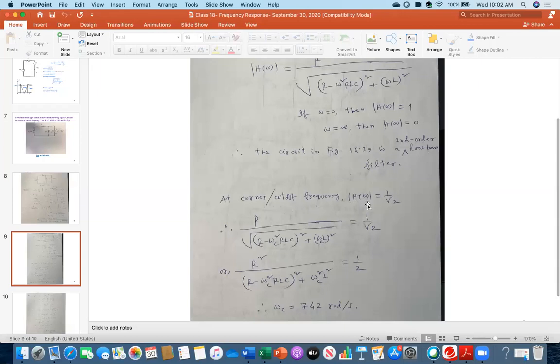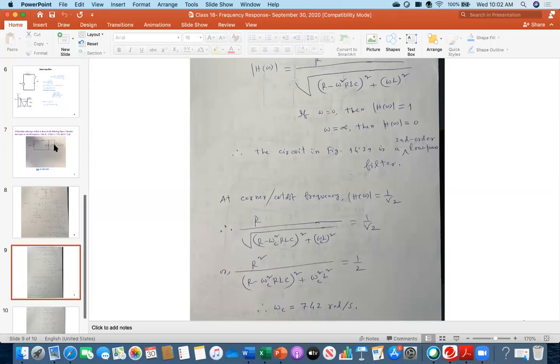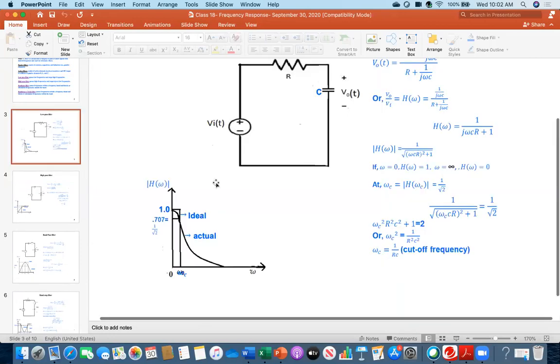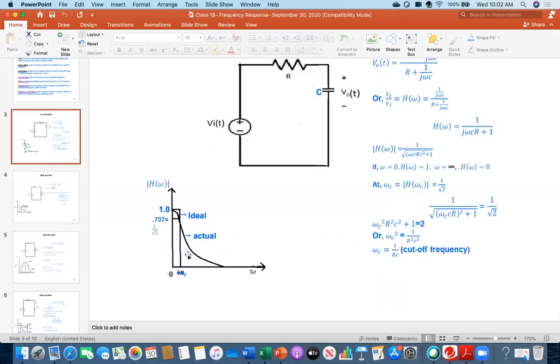Everybody say, what is the cutoff or corner frequency? What is the definition we looked at? The value of the transfer function at that frequency will be 1 over root 2, or 0.707.